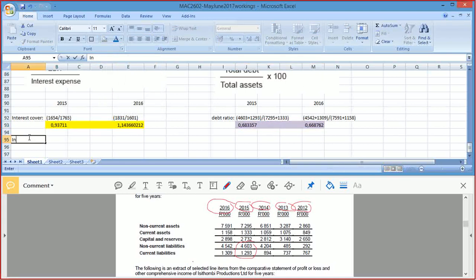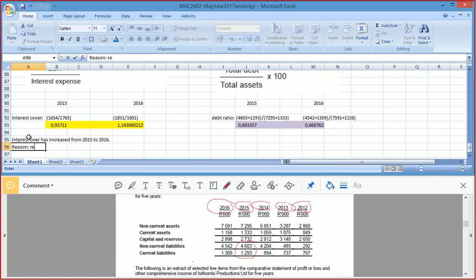Okay, so interest cover has increased from 2015 to 2016. Got that. Reason.